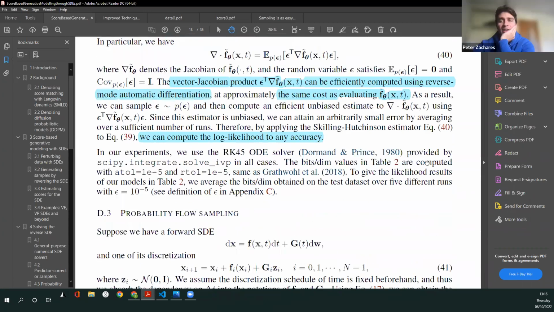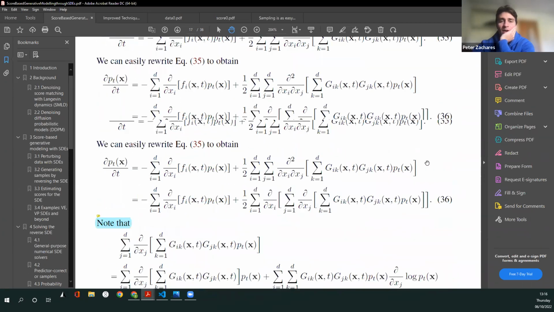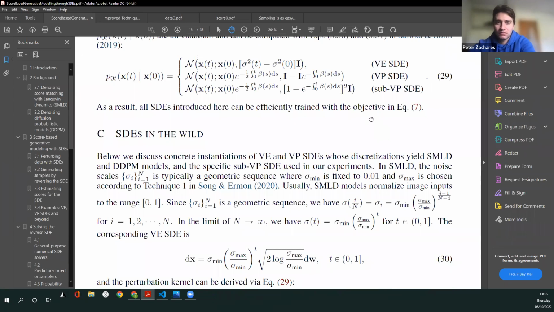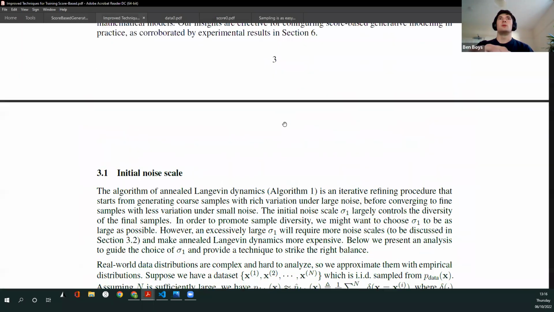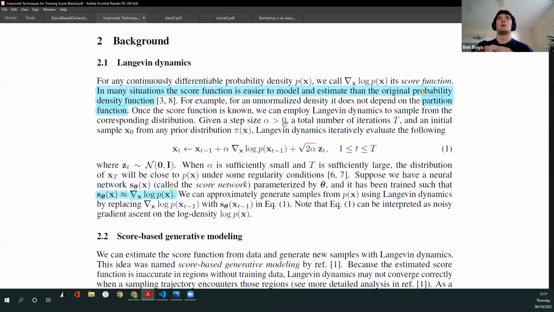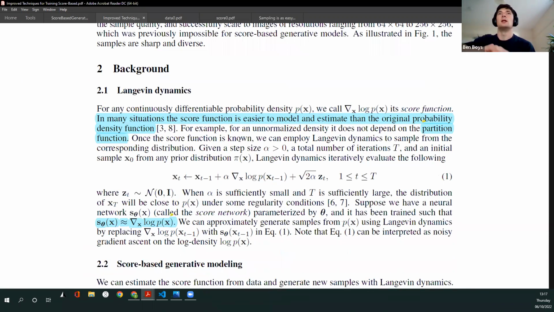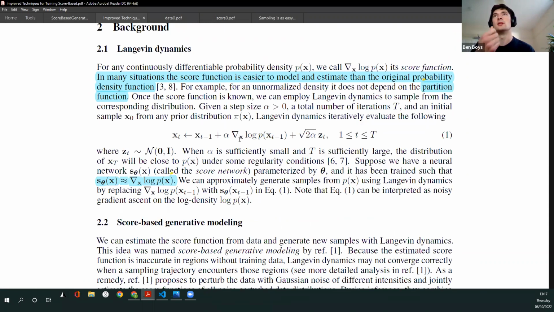So the corrector step, what is it? How is it correcting? So if you go to the Langevin dynamics, so imagine here that we've fixed the noise level.